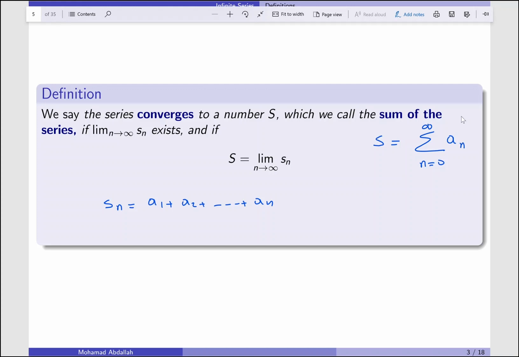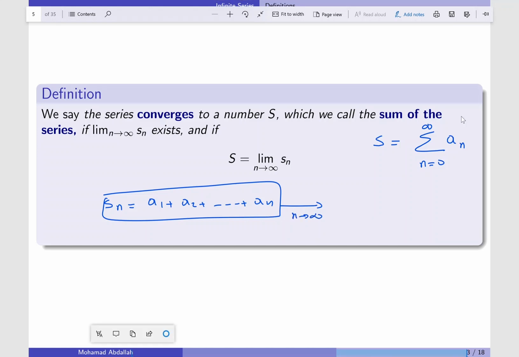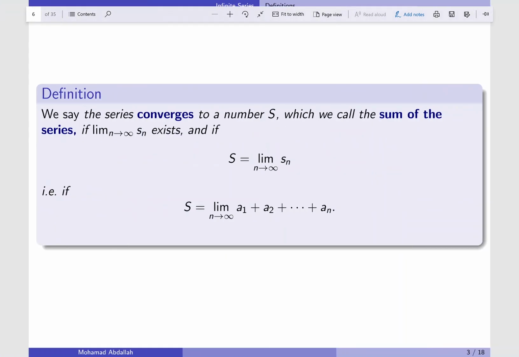Okay, so if this Sn, when n goes to infinity, is going to approach some limit S. Now if this limit S is a number, then we say that the series converges. If not, then we say that the series diverges. So you see here the S is the limit of this sum a1 plus a2 plus an, and let's say that you are able to find the limit of S.